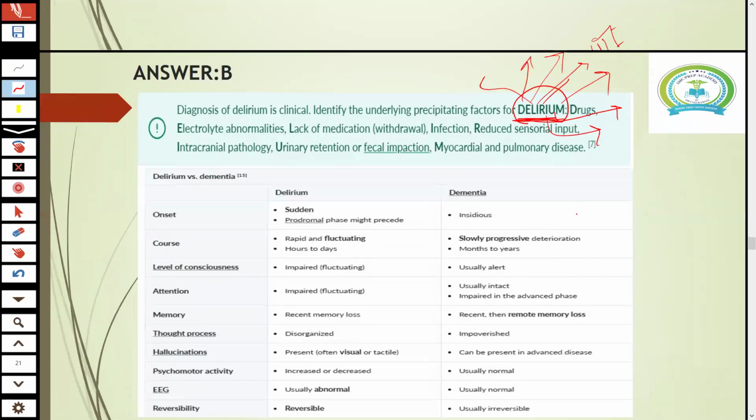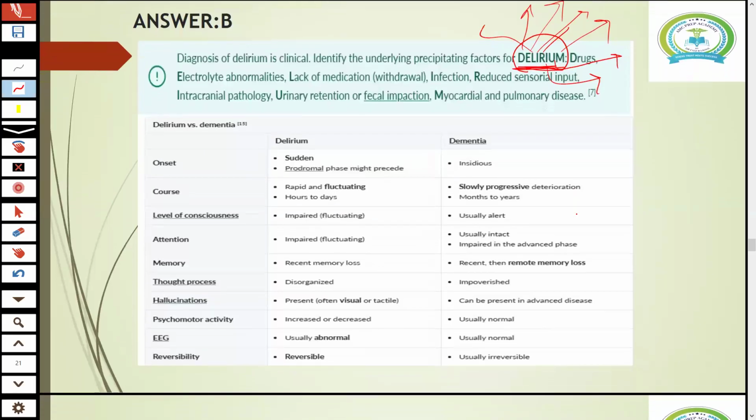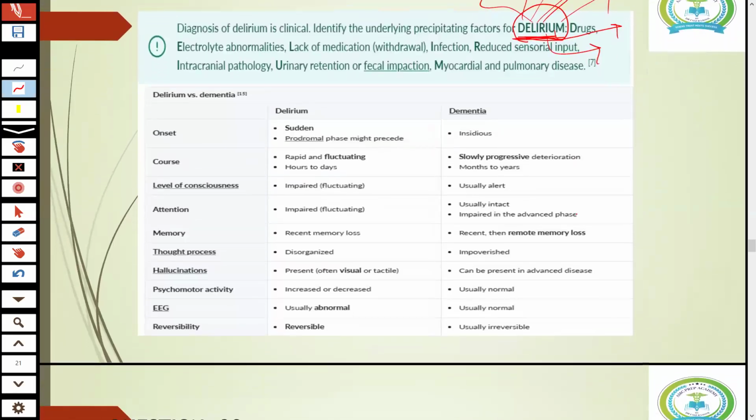You need to differentiate between delirium and dementia. Delirium has a sudden onset, but dementia has an insidious one. The course in delirium is rapid and fluctuating: when it is treated, the patient is normal, but again it can flare up. Dementia is slowly progressive. Level of consciousness is more impaired with fluctuation in delirium, but dementia patients are alert. Attention is definitely impaired in delirium, but intact in dementia. Memory: delirium has recent memory loss, while dementia has remote memory loss as well. The thought process is disorganized in delirium because the mind is in an acute stage of problem.